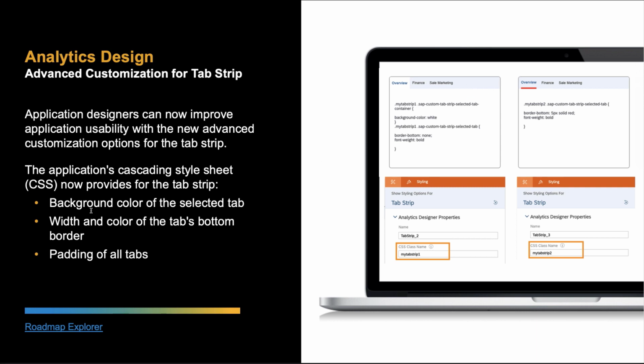We provide CSS capability for the background color, for the width and color of the tab's bottom border, and also the padding for all tabs, enabling you to style your tab strip more conveniently and flexibly, to make it more user-friendly for your application consumer.